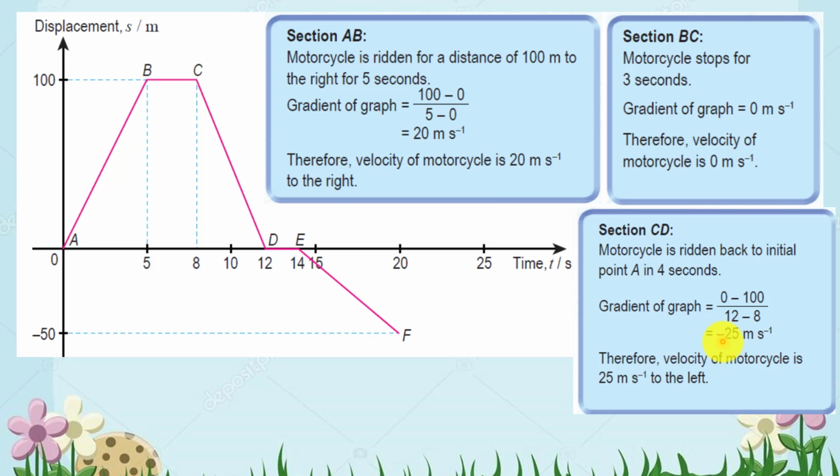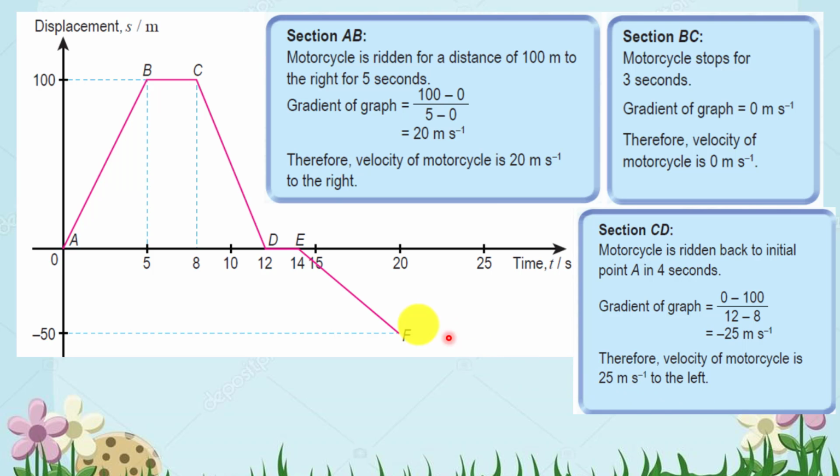So therefore the velocity of the motorcycle now is 25, but I add one more word, left. I ignore the negative sign, since the negative represents the direction. So the motorcycle moves to the left hand side with a velocity of 25 meters per second.